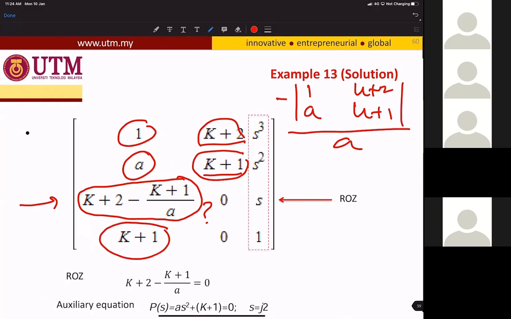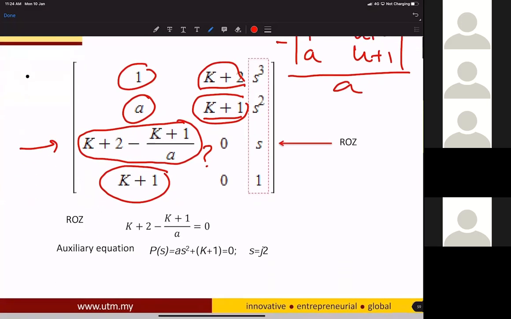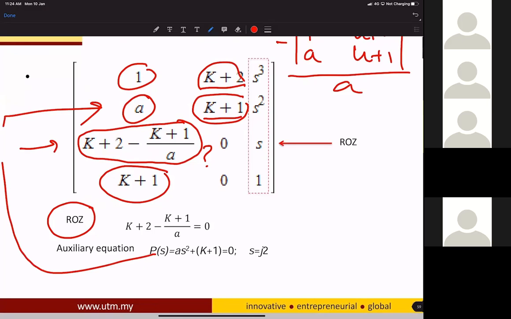So we take K plus 2 minus K plus 1, equal to A, equal to 0. We assume the system is marginally stable, ROZ. So we can find the auxiliary equation, A S square plus K plus 1 equal to 0, where omega n is given as 2.